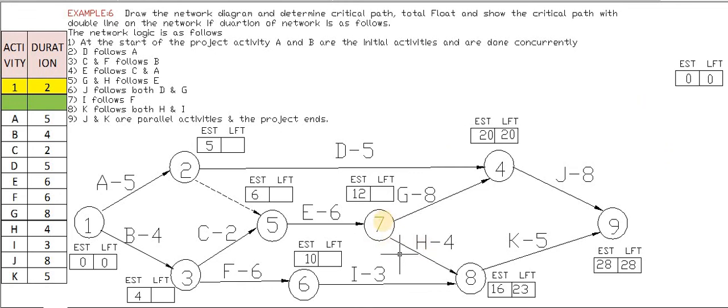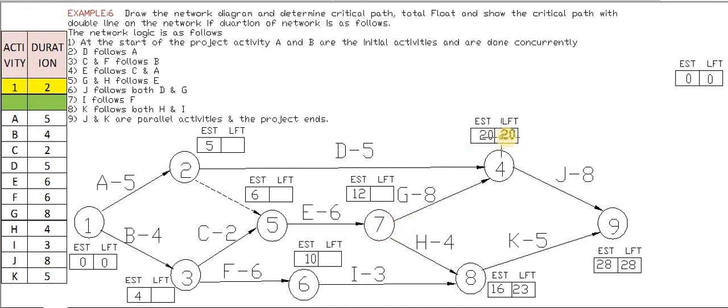Next, what is serial number 7? Serial number 7 has two converging points, 4 to 7 and 8 to 7. That means there are two tail ends. While calculating LFT, we have to see the tail ends. 4 to 7 is one tail end and 8 to 7 is the other, and out of these two values we have to take the minimum value.